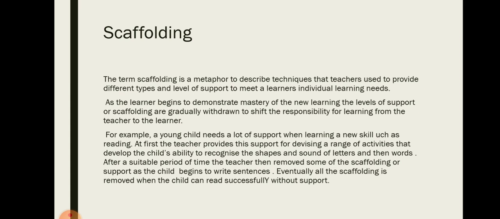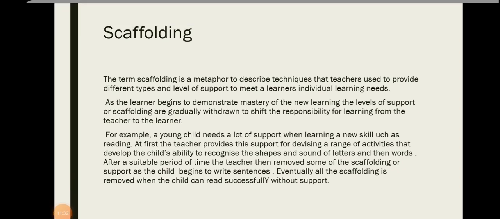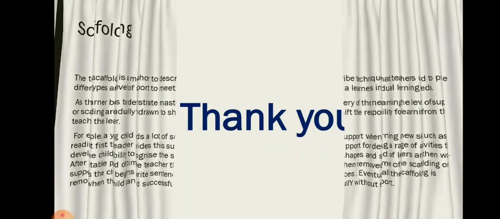Eventually, all the scaffolding is removed when the child can read successfully without any support from the teacher. So, guys, here you can understand what scaffolding is. So, this is all about your last portion from Unit 7.